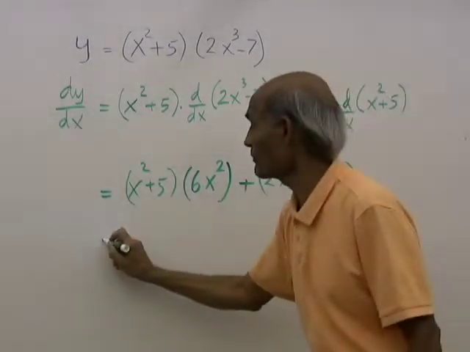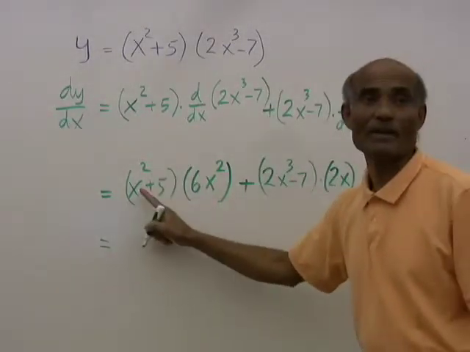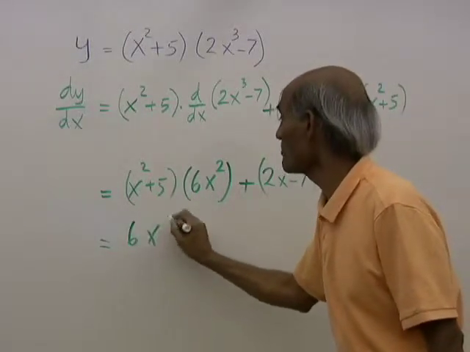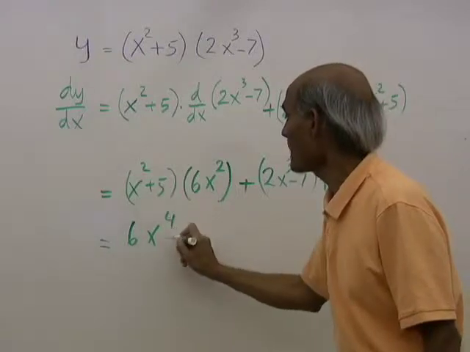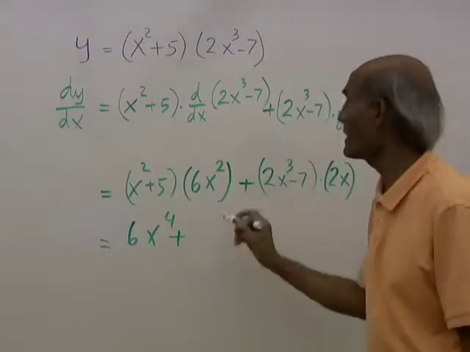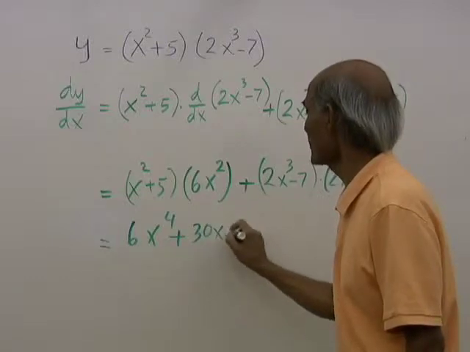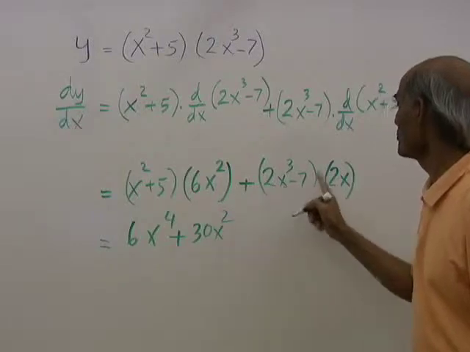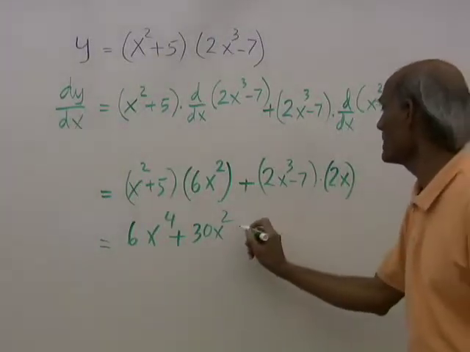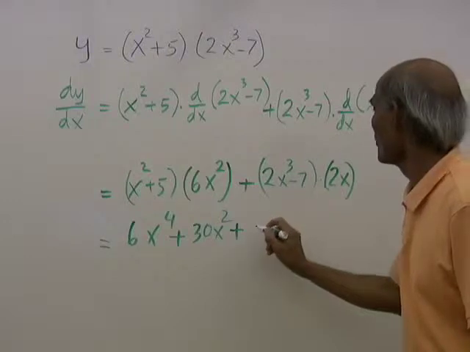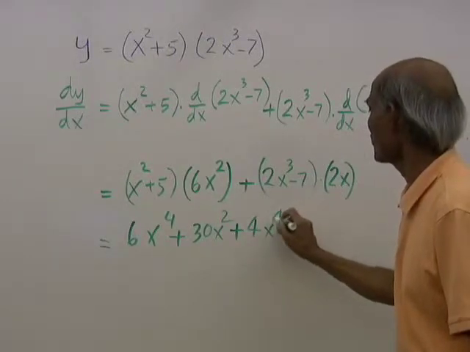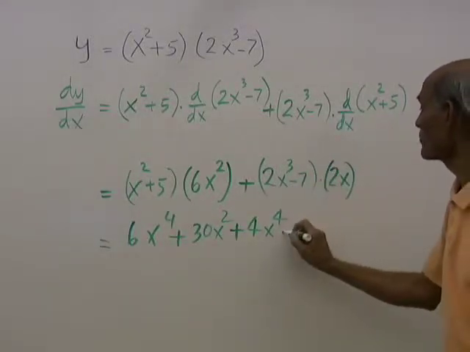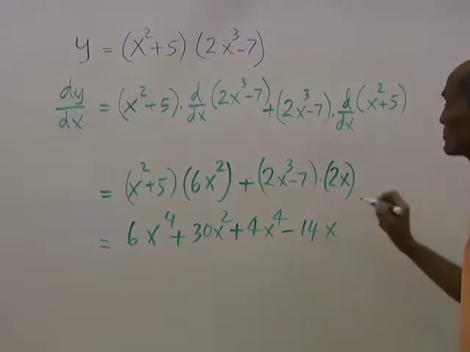Alright, let's now simplify this. Just multiply it out. X squared times 6x squared will be 6x to the power of 4 plus 5 times 6x squared is 30x squared. Alright. Now 2x cubed times 2x will be plus 4x to the power of 4, and minus 7 times 2x is minus 14x.